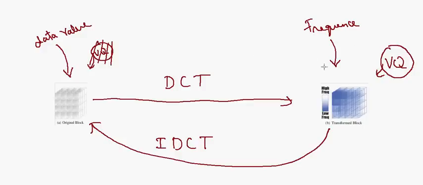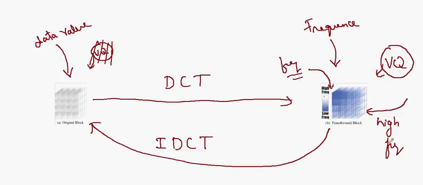As we can see, in the frequency domain the data is organized into high frequency data, that is the white part, the data on this side is high frequency data, and the blue part is the low frequency data.